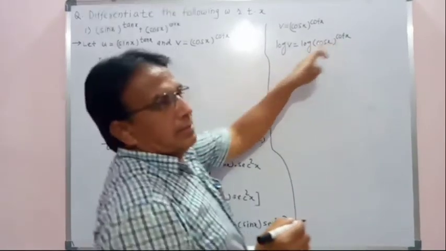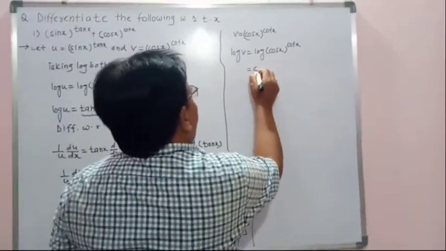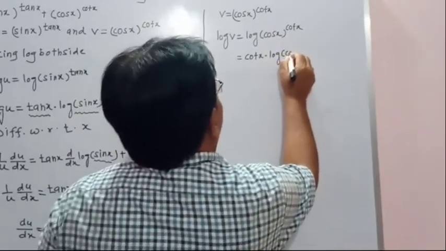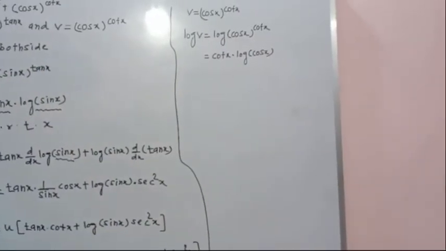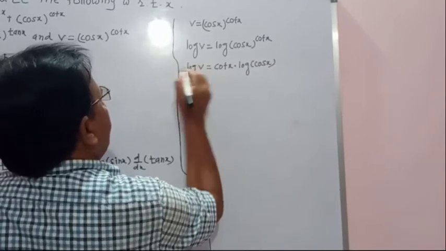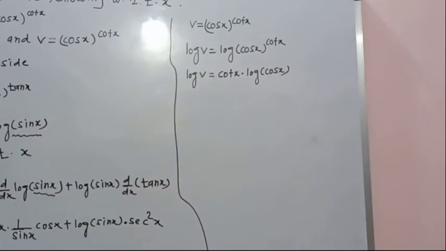This cot x is multiplied into log of cos x. Therefore log v equal to cot x into log of cos x.